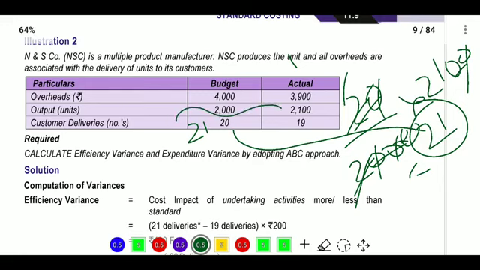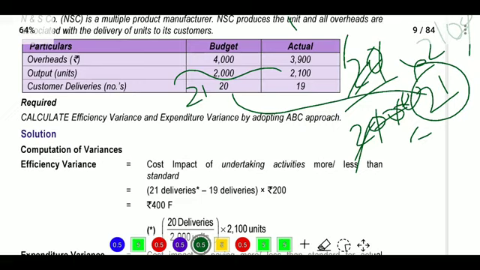So here what we require is to calculate the efficiency variance and the expenditure variance. For efficiency, the number of deliveries was provided. And for expenditure, what is the expenditure here?